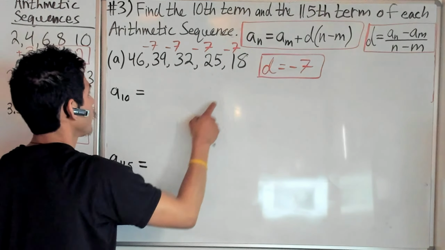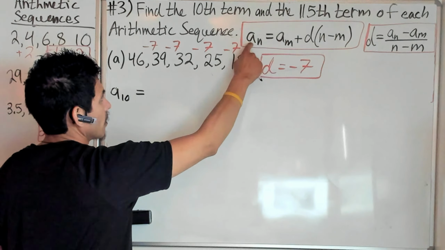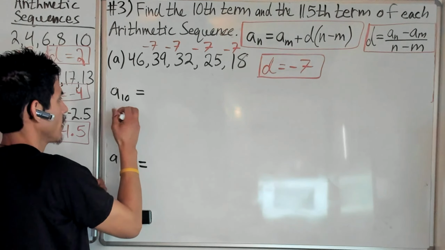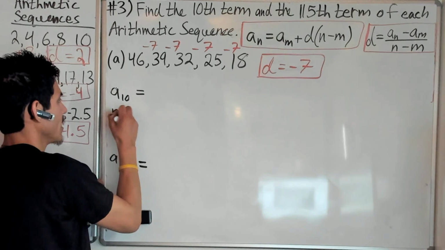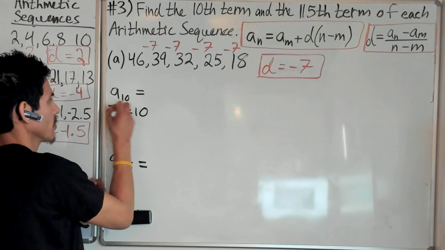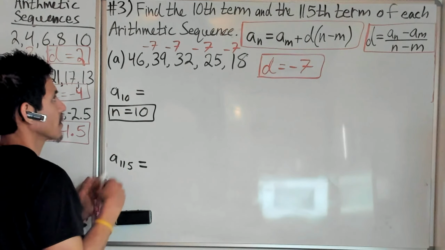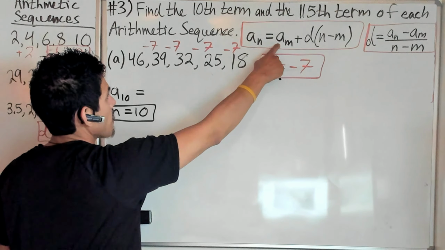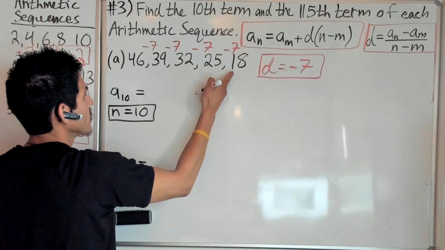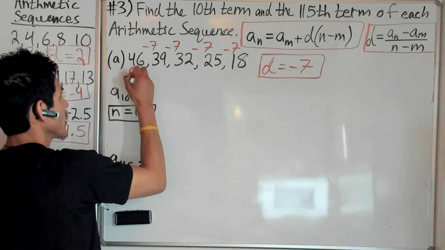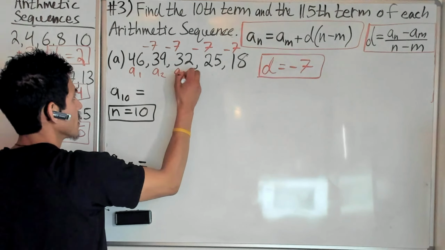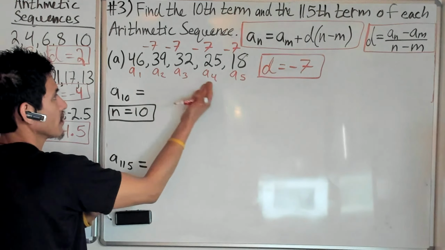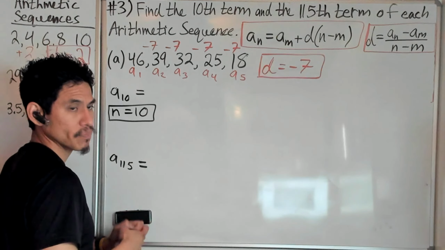Now we have our an term, which is A10, and let's write out that n is 10, because that's what the subscript is. And then we need to pick an am term. You can pick any one of these, because remember this is A1, this is A2, this is A3, this is A4, this is A5. It doesn't matter. Just pick one.